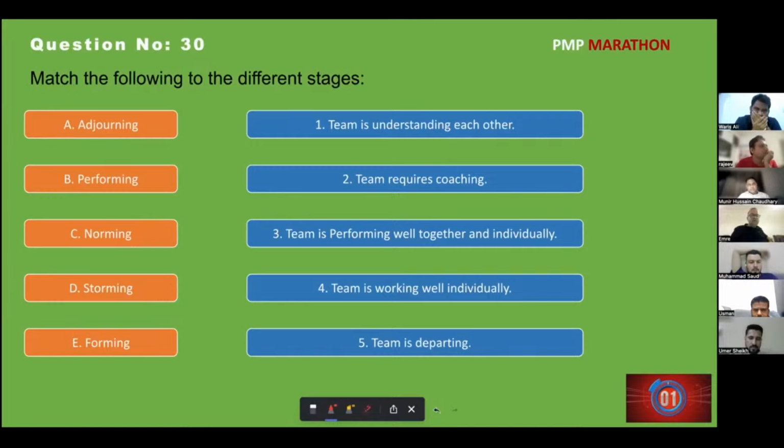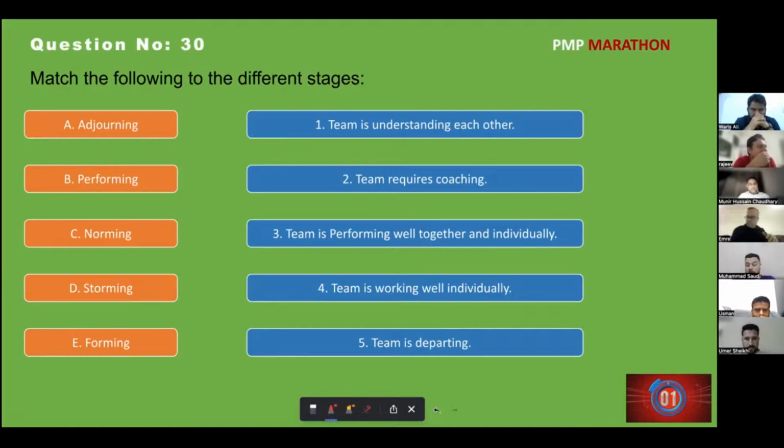So we start with forming, that is E. E is one: team is understanding each other.